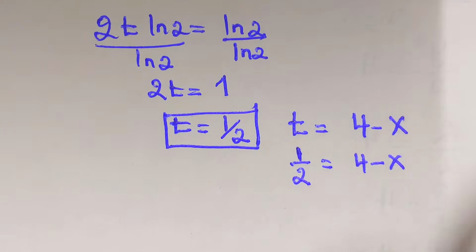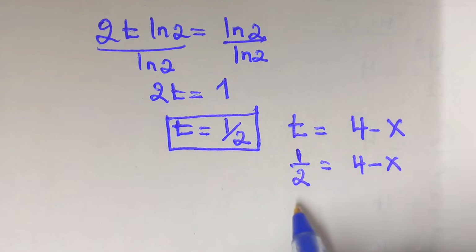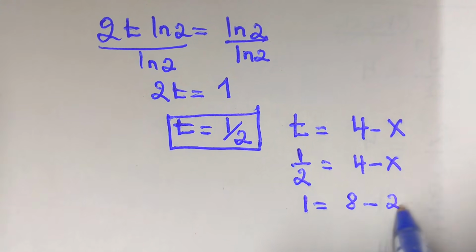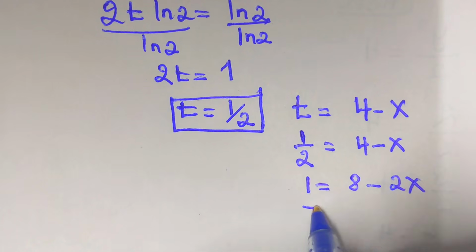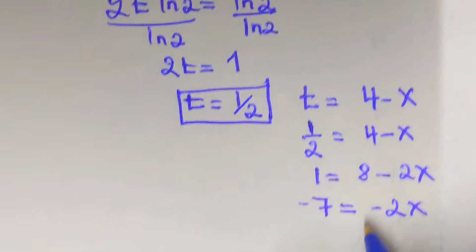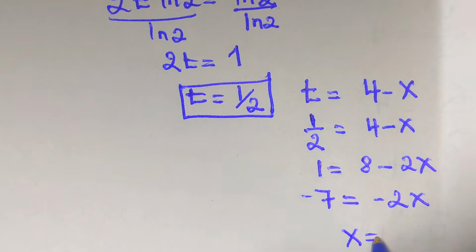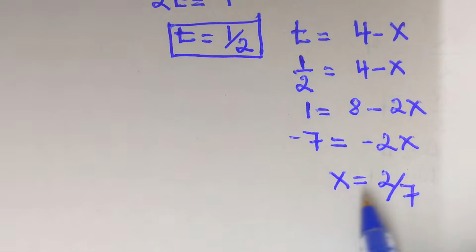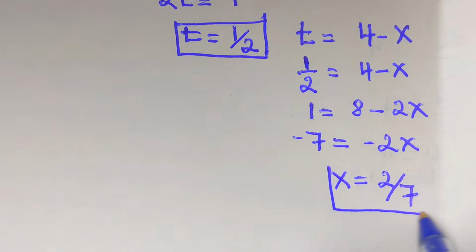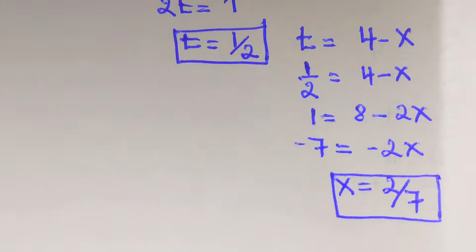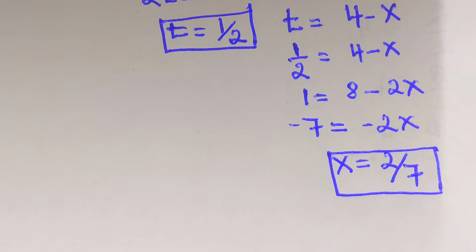Due to cross multiplication we have 1 equals 8 minus 2x, so that negative 7 is equal to negative 2x, and our x will be 7 over 2 as we have right here. Now this is our value of x.